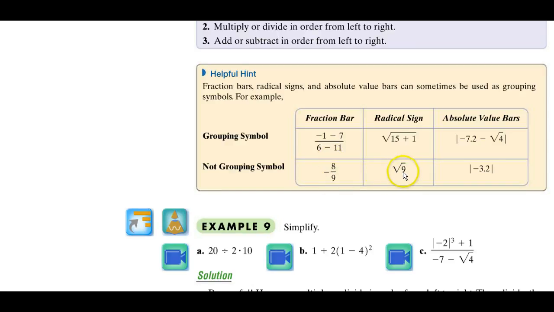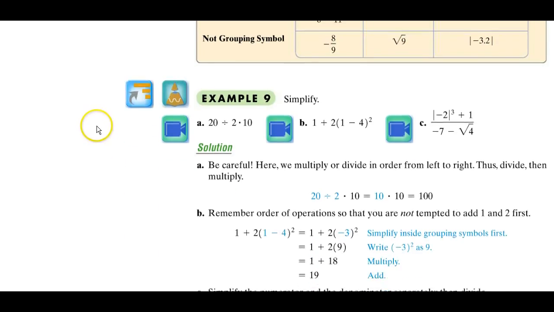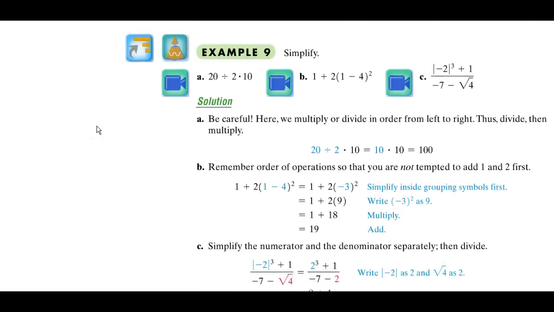Just a single item under the radical sign, it says to do this, and this is a single thing. So it's when there are various items, these can also act as grouping symbols. So let's go on to do some examples. And why grouping symbols? You want to get what is there so that everyone gets the same answer.